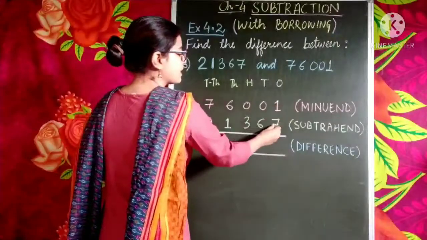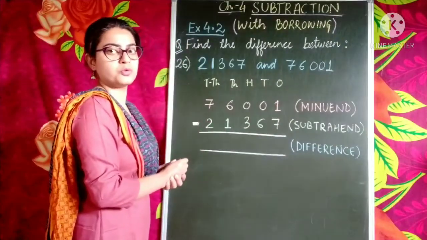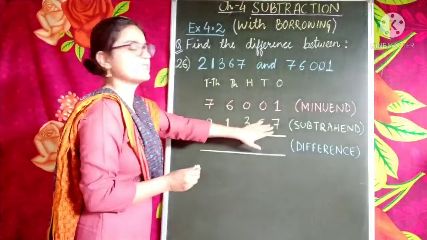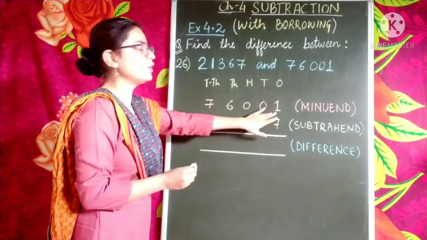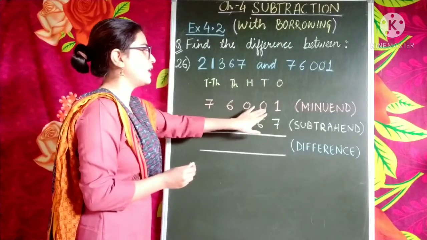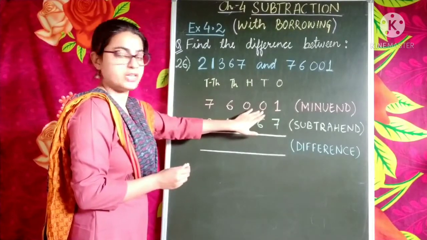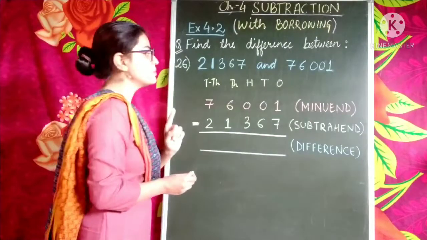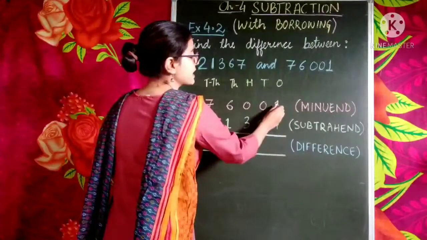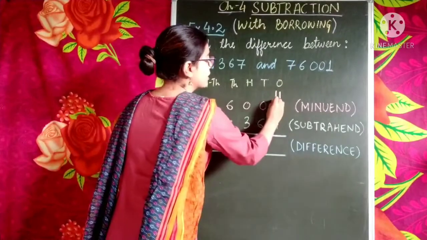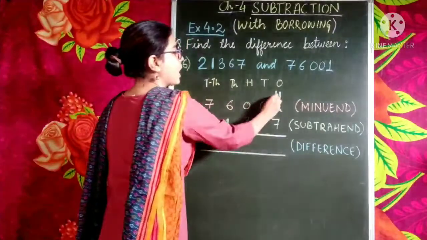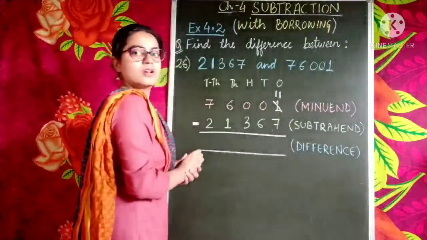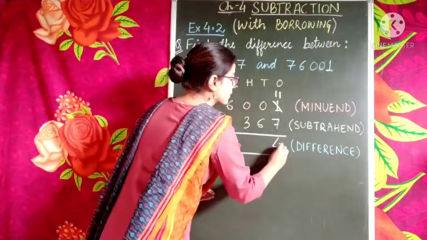Here, 1 minus 7. Is it possible? No, it is not, because 1 is lesser than 7. So, what does 1 do? It will take the help of its adjoining digit 0. It will borrow 1 ten from 0. So, 1 plus 10 is 11. Now, 11 minus 7 is 4.